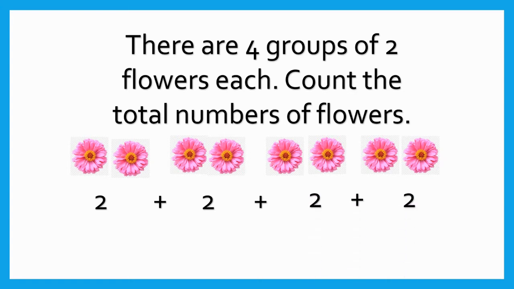So we get 8 flowers. So we can say, because there are 4 groups of 2 flowers, 4 into 2 in each group is equal to 8. So the total number of flowers is equal to 8.